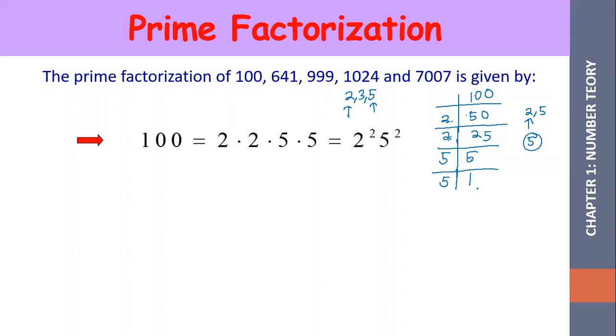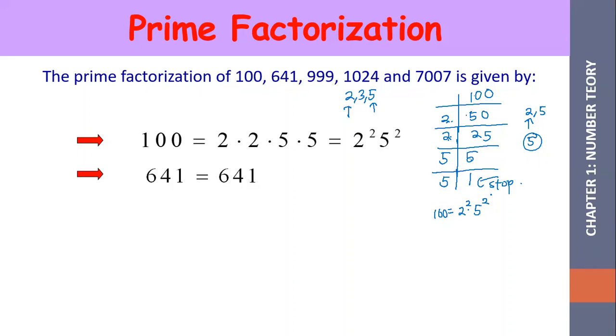Stop when you get 1. So the prime factorization of 100 is 2 squared times 5 squared.